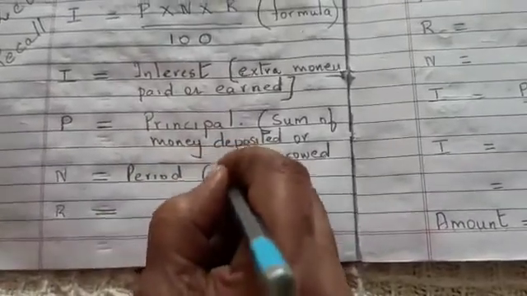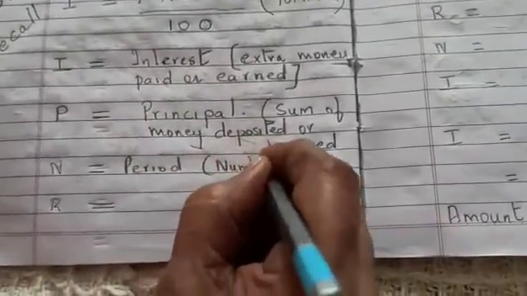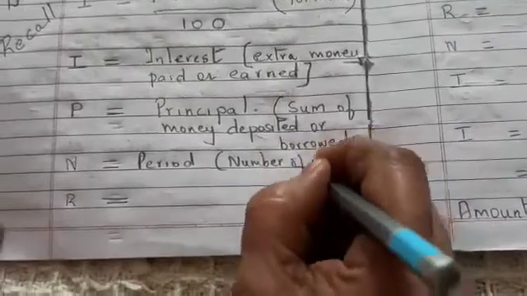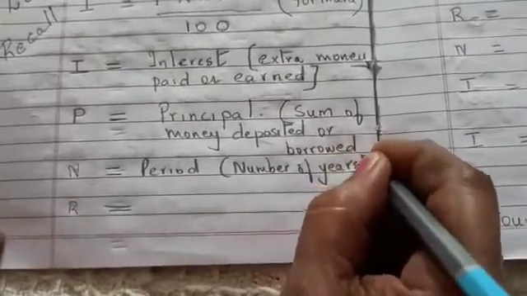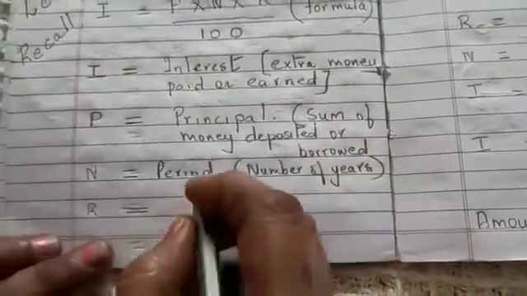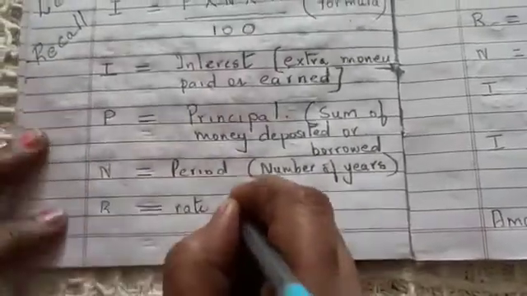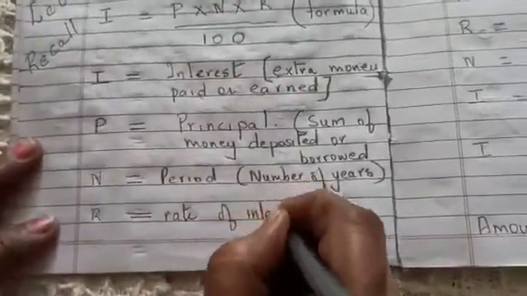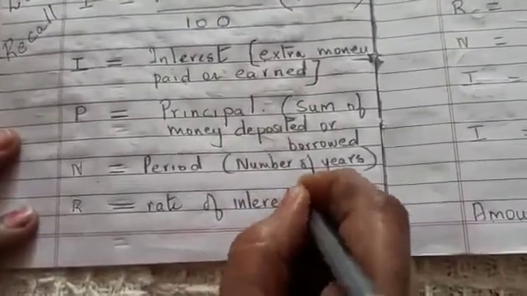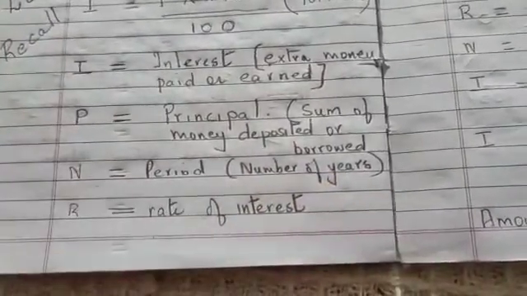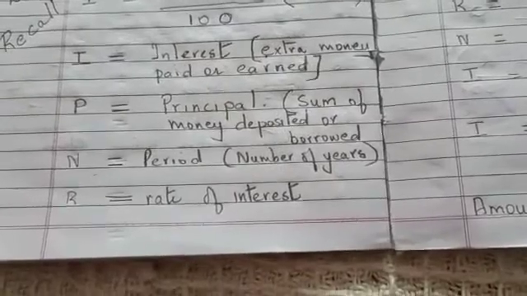That is the number of years we borrow the money for. And R is the rate of interest that the bank or the money lender charges us.